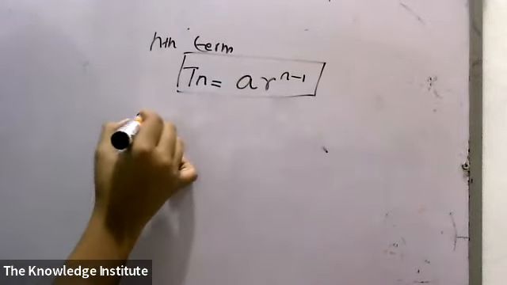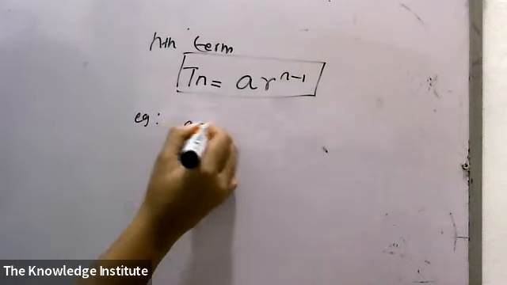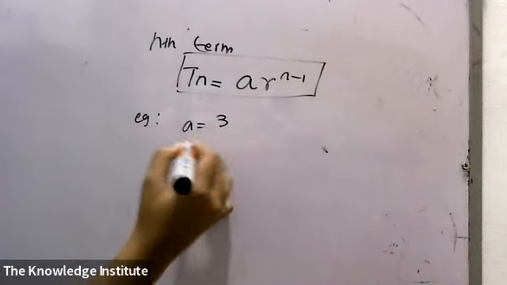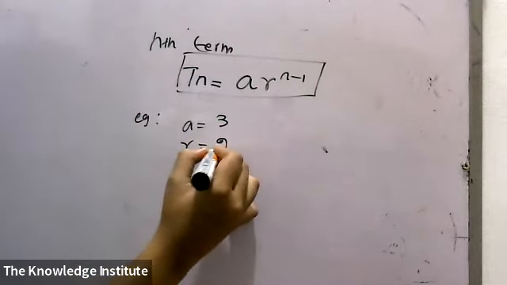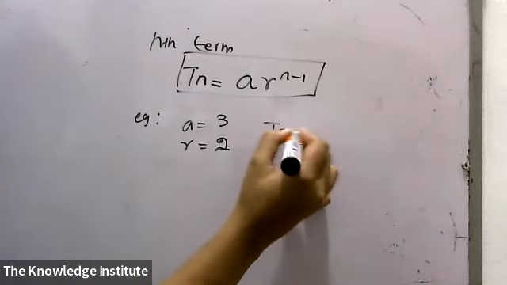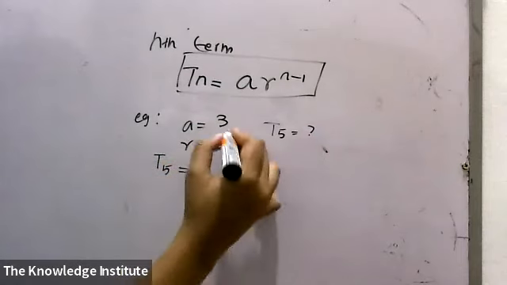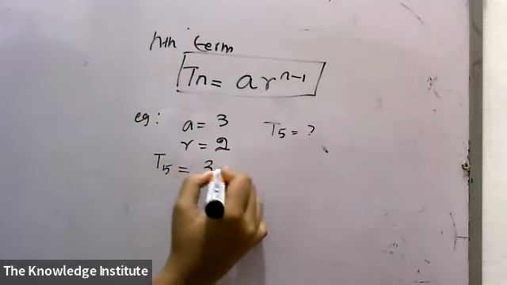Okay, let's say there's a geometric progression. They are telling that the first term is 3 and the common ratio is 2. They are telling you to find the fifth term, T5. Can we find T5 equal to, what is a value? 3.